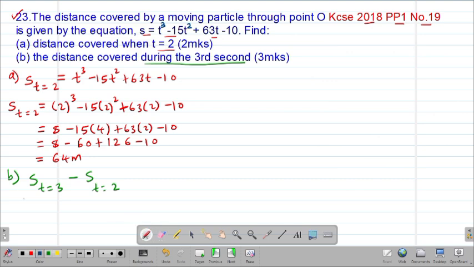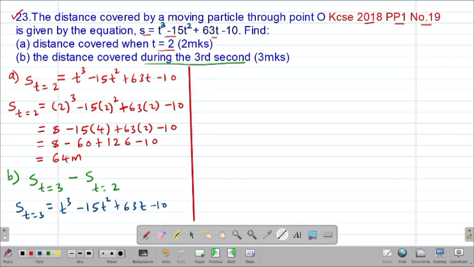Therefore, we first of all find s when t is equal to 3. So this will be equal to, of course, s was t cubed, then minus 15t squared, then plus 63t, then of course minus 10. So we are simply going to substitute t is equal to 3 in our equation.